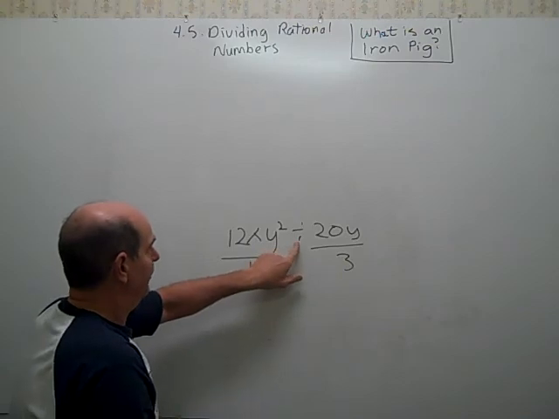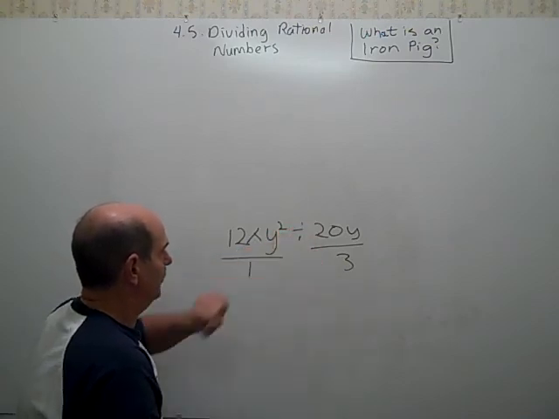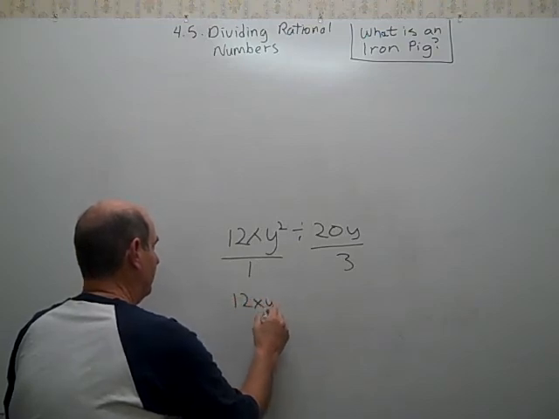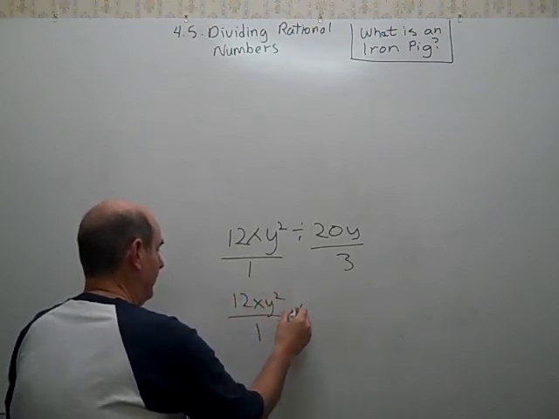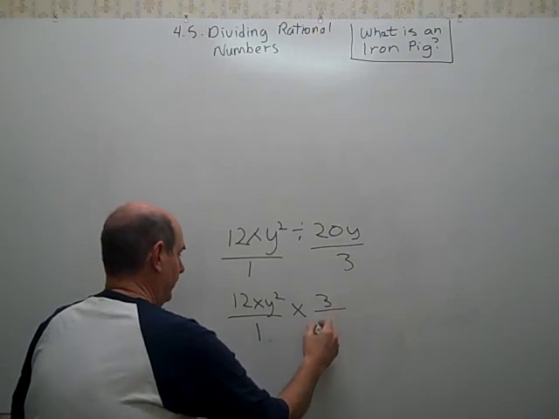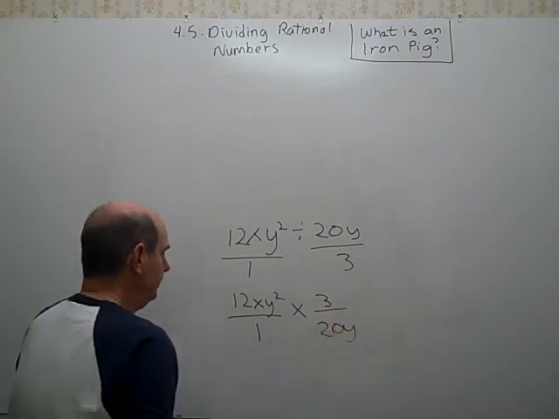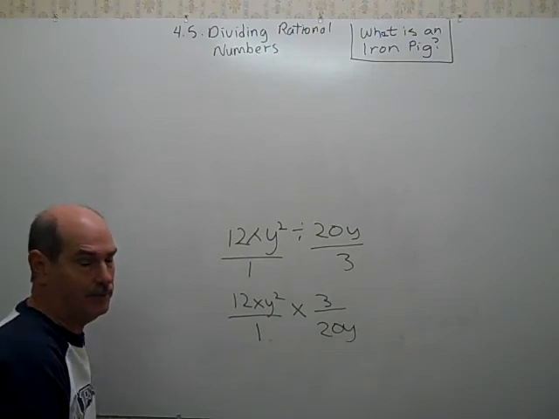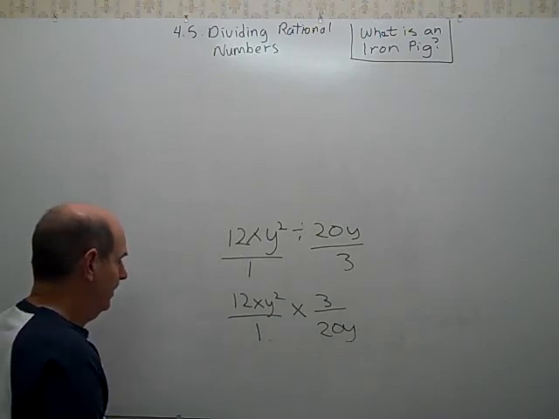I have a division here, so I know I can flip the 20y over 3 and get 12xy squared over 1 times 3 over 20y. Now if you remember what we did with multiplication in the previous video, we're good to go.